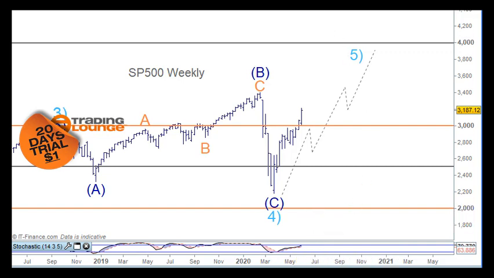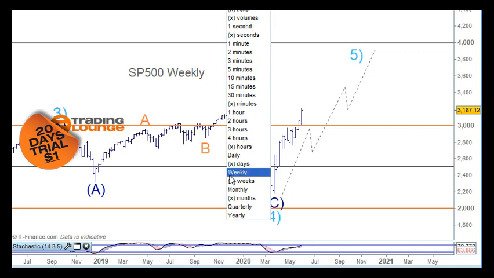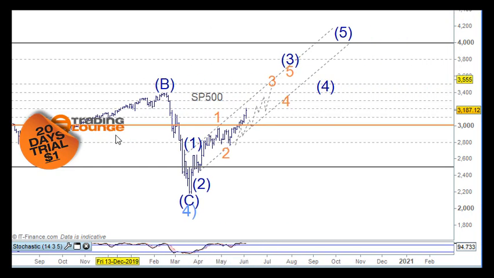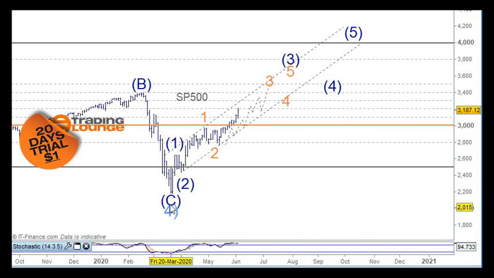So with that in mind, we can have a look at that count that we just looked at with the Nikkei here. I'll just bring this across. That would relate to this in terms of 1 and 2 here and 1 and 2 here, and then a third wave in here.